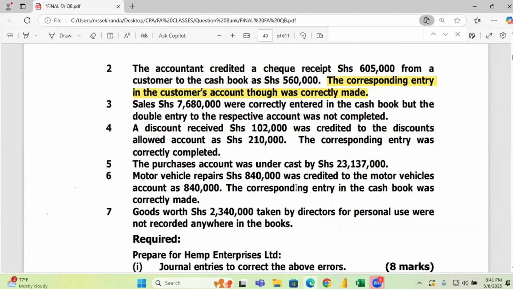So they interchanged their account. Instead of putting it under discount received, it was put on the correct side, but in the different T account.